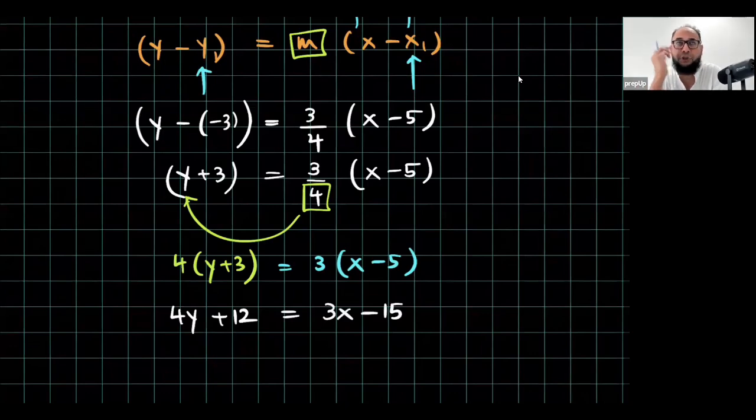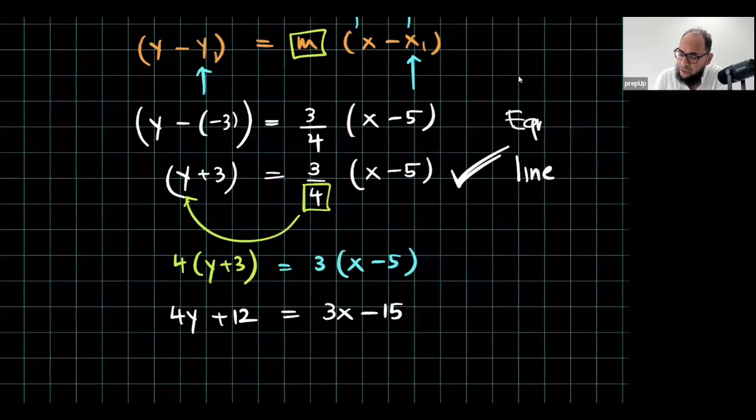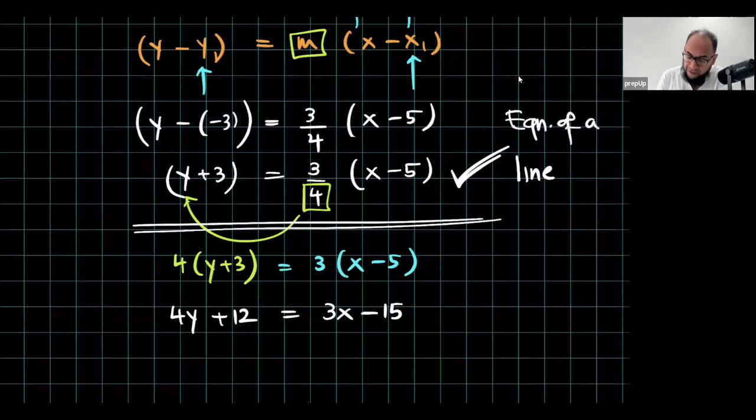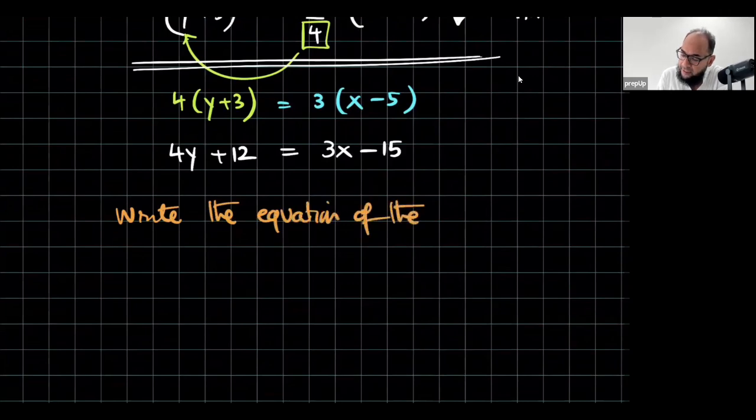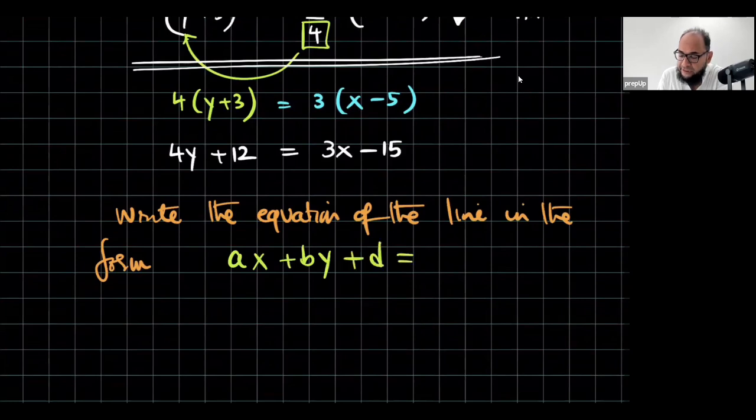Now someone can ask this question, that if the examiner only says find equation of a line, so you're all good over here. That is the equation of a line and you will gain full marks. But what if the examiner says write the equation of the line in the form, and that particular format is given, that is ax plus by plus d equals to 0.